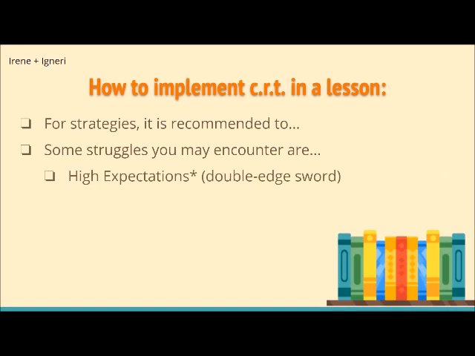And some struggles that we may encounter in our lesson could be high expectations, standard English, and discriminatory attitudes. This basically falls into the idea that there's a perfect English to teach our students. And by setting high expectations, sometimes students may struggle or feel defeated while learning the second language.